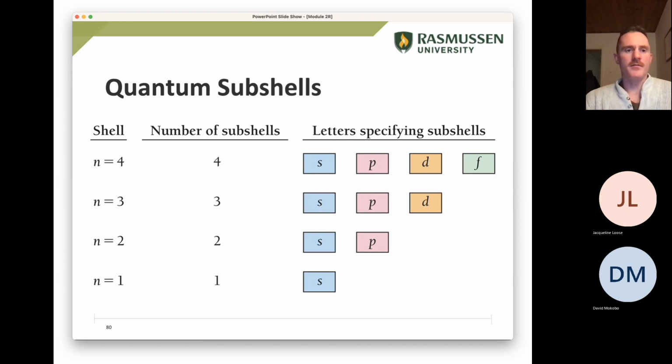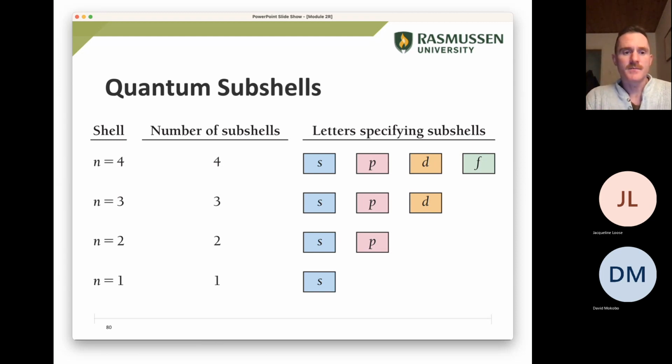Think about this left-hand column, the shell, as the orbit in the Bohr model, the big orbit. And think about these subshells or orbitals as sub-energies within those big groupings. This graph is important. What you need to take away is that the n equals 1 principal quantum number, that first, lowest-energy orbit, only has one orbital, one subshell.